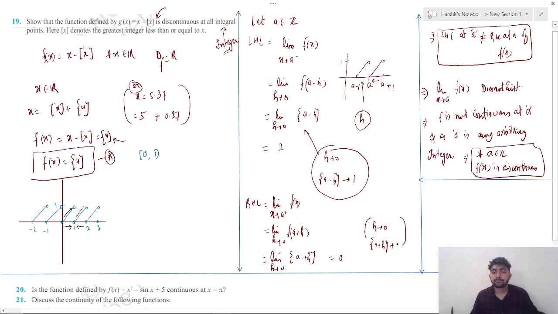Okay, f of x is discontinuous. I hope you understand what I want to say here.